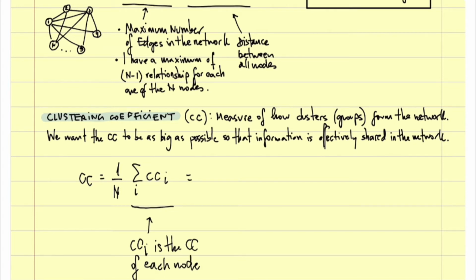No worries, we will make an example later. So 1 divided by n. And this is typically a question that I usually ask in the exam. So this is 2 times L sub i divided by K sub i times K sub i minus 1.